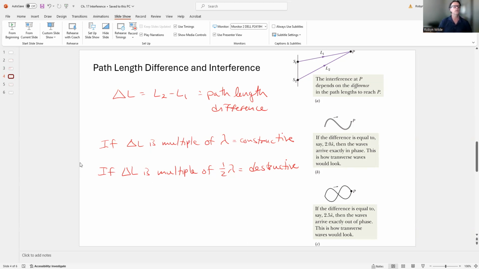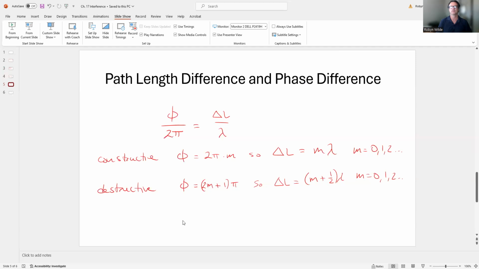So what this ultimately leads to is I can relate this delta L path length difference to the phase difference. And the way I can look at it is that, if phi is my phase difference and I divide it by 2 pi, it's kind of like taking what fraction of the full circle am I making? Well, that should equal the path length difference, delta L, divided by a wavelength, because one wavelength corresponds to going through an angle of 2 pi, right?